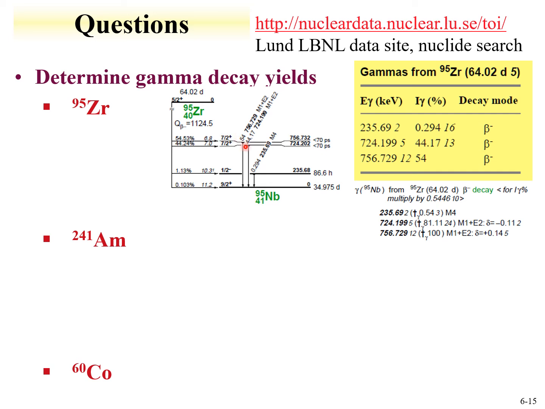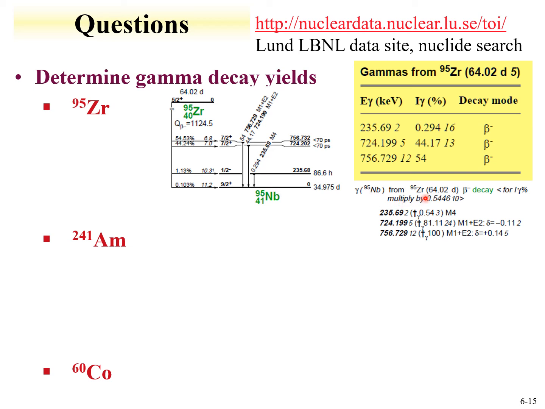They're excited, and these nuclei de-excite through the emission of a photon, and we see that the half-lives of these states are on the order of picoseconds. So these are on the order of 70 picoseconds each. You can also get the gamma decay yields from the table of the isotopes. So for instance, here's the gamma decay of zirconium-95 going to niobium-95, so it's populating the excited niobium-95 state.